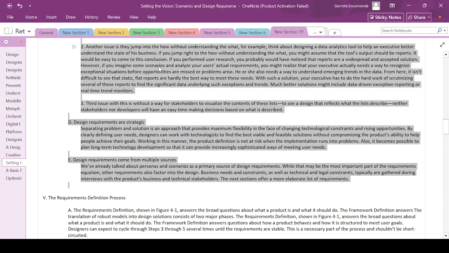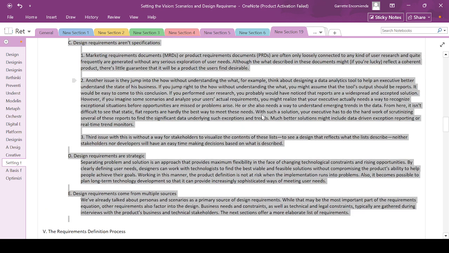If you imagine a scenario, create a persona and analyze the users' actual requirements, the real meaning of requirements, you might realize that your executive actually needs a way to recognize exceptional situations before opportunities are missed or problems arise. He or she also needs a way to understand emerging trends in the data.